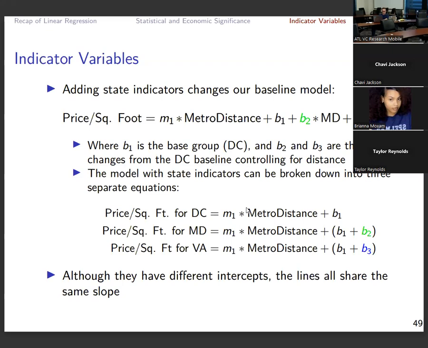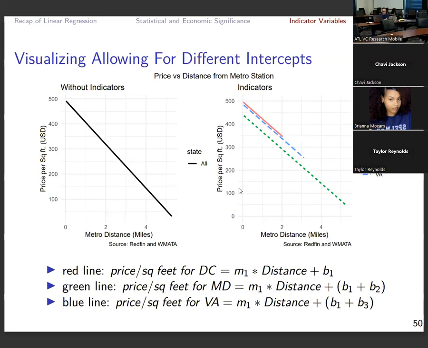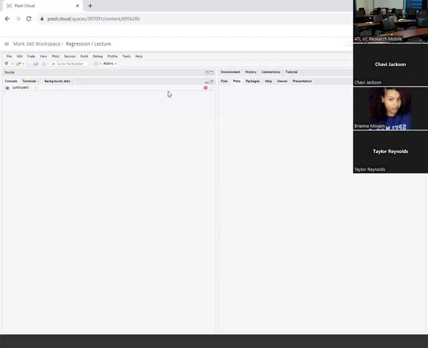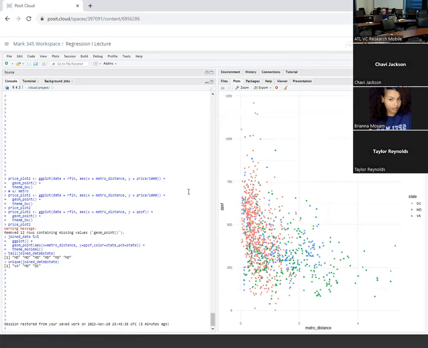So are we ready to jump into this and see what it looks like? Let me show you how we do that regression. Let me start this back up. And all I have to do is include that state variable in my regression now.